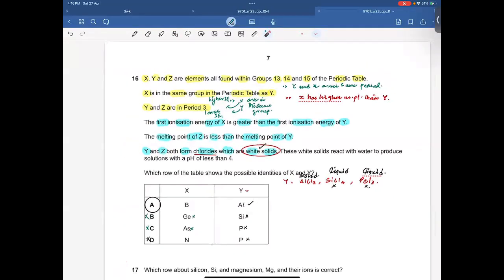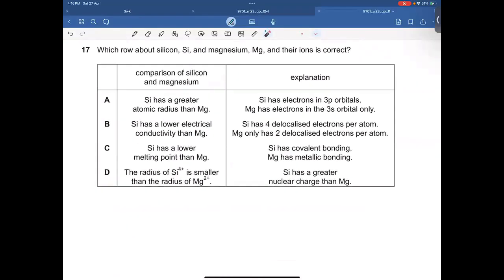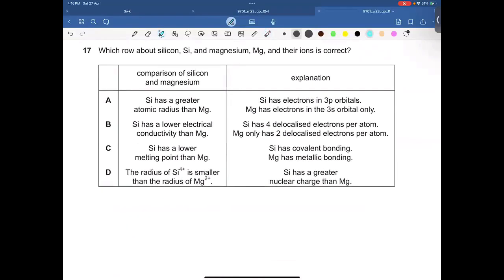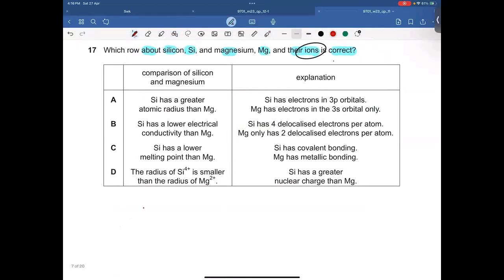Okay, that's a tricky part. Question 17. Which row about silicon and magnesium and their ions is correct? Comparison of silicon and magnesium. This is magnesium, aluminum, and silicon, and this is sodium. This is period 3 element.